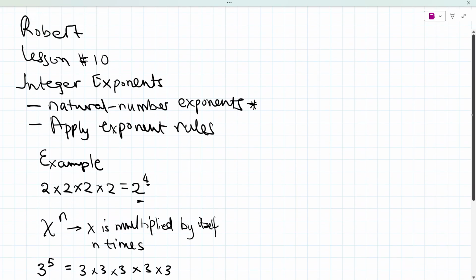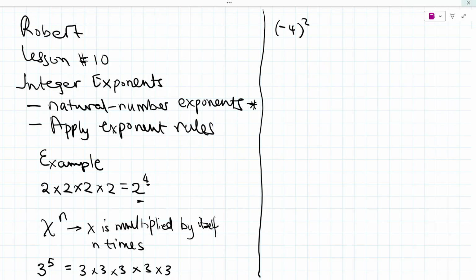Let's look at another example. Let's suppose you have a number like (minus 4) squared. This means it's minus 4 multiplied by minus 4. And if you had a number like minus 5 to the power 3, this is the same as saying minus, open brackets, 5 times 5 times 5.